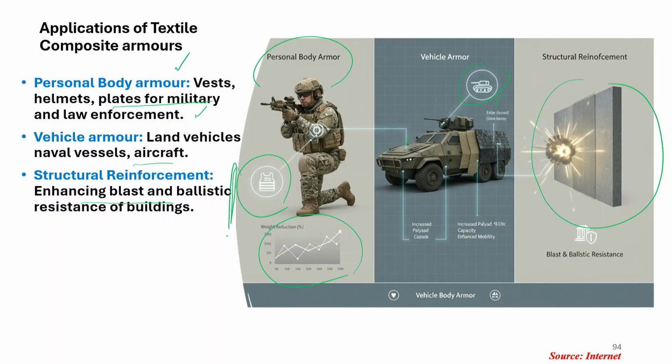So, bulletproof building we can produce, we can have some lightweight building where it will be blast proof. For that we can use the textile based composite.